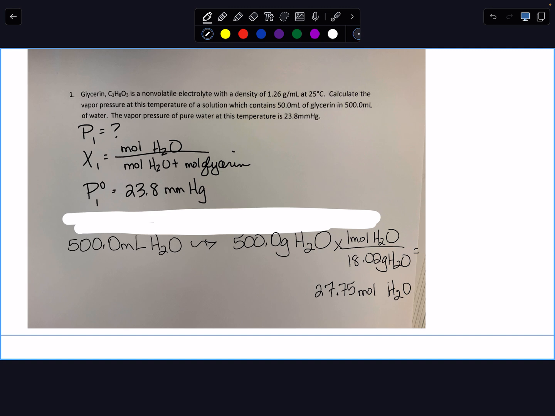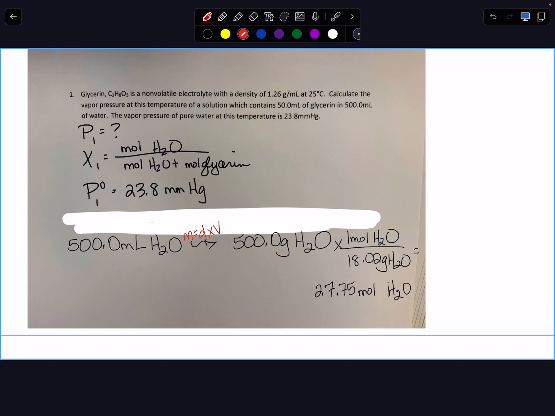You converted the water from milliliters to grams, just like a 1-to-1 ratio. Yes, what I really did is I said that mass is equal to the density times the volume. The density is 1 gram per mil, and the volume is 500 mils. So that's 500 grams.